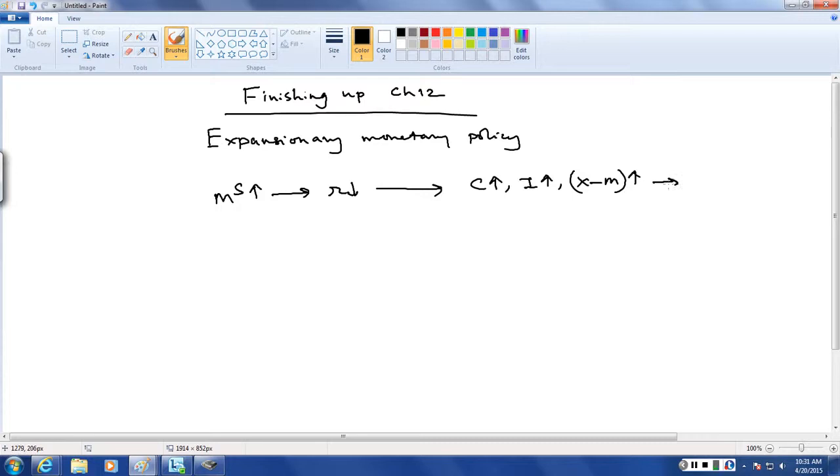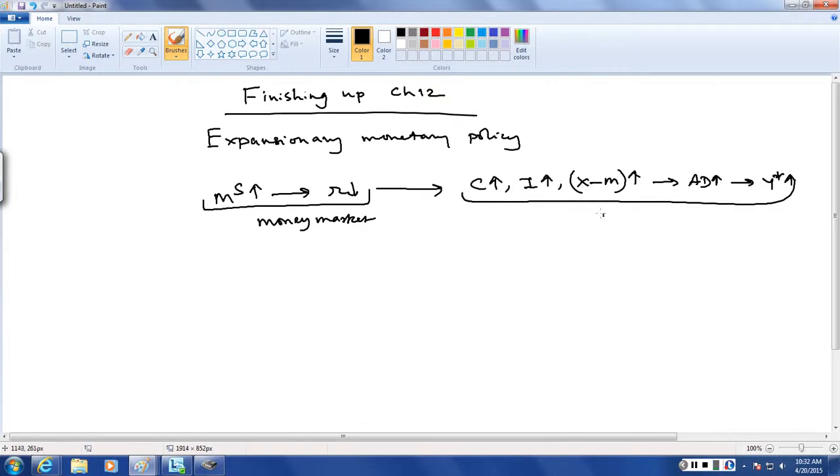This causes, of course, the AD to rise. The AD is made up of these three, plus government spending. And that should cause equilibrium GDP to rise. So this is how expansionary monetary policy works, correct? These events happen in the money market, and these events happen in the goods market. Correct?